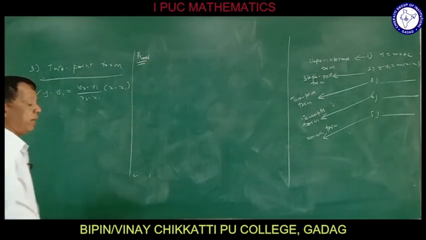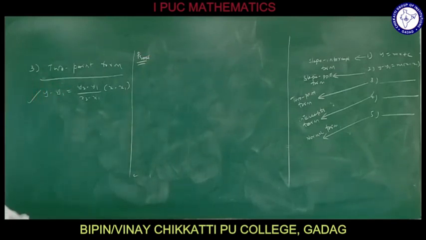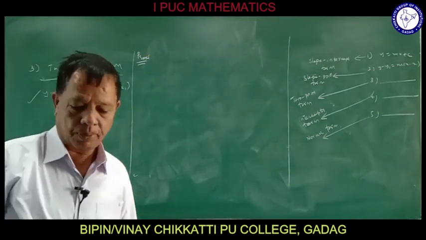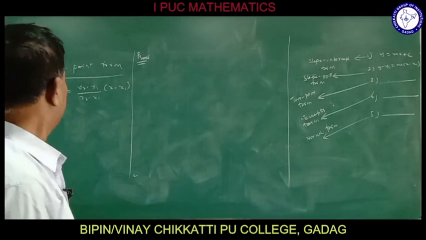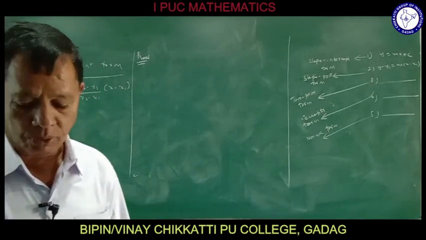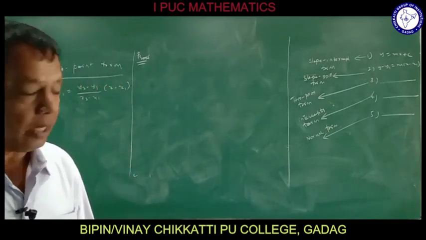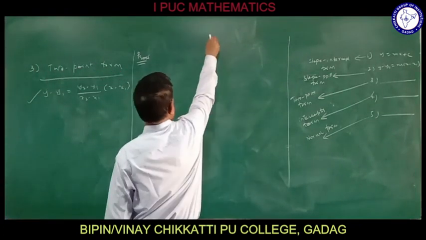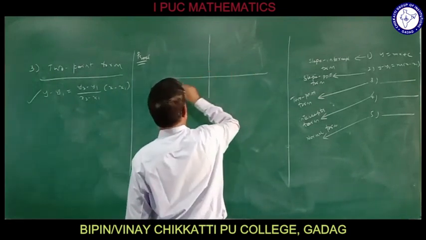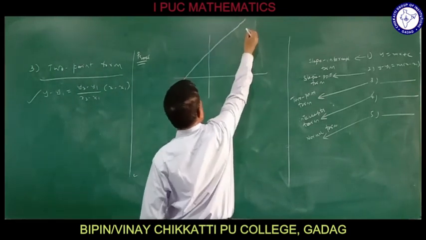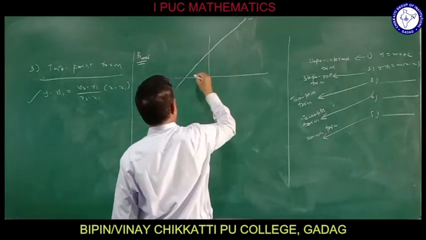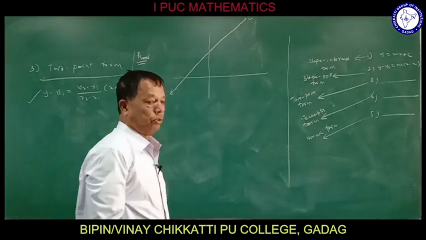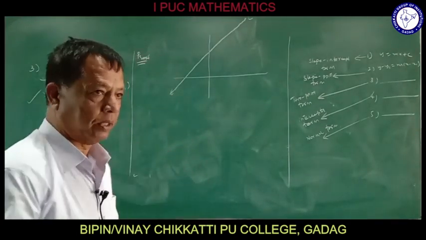y minus y1 is equal to y2 minus y1 whole divided by x2 minus x1 and into bracket x minus x1. Basically, I have to take a line which is passing through two points. So this is a line L, and it is passing through the two points.